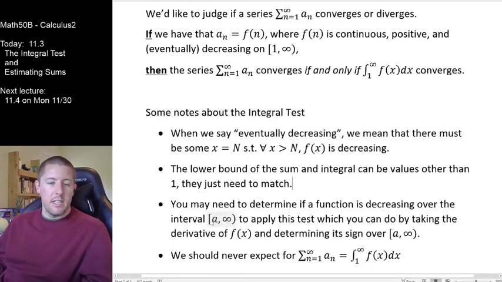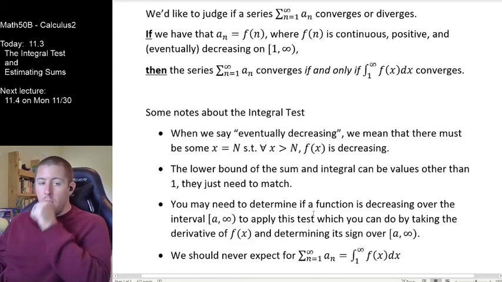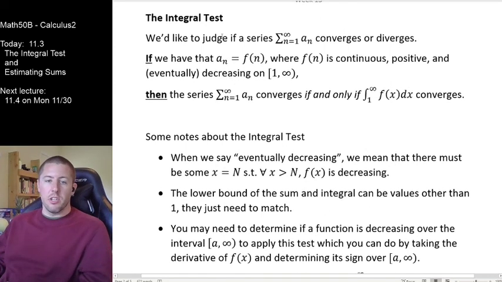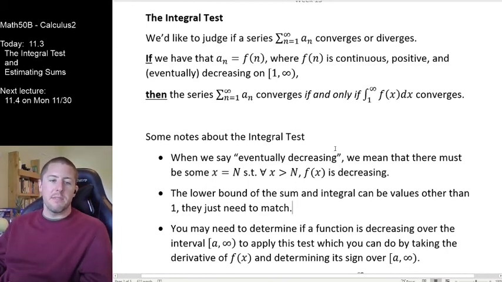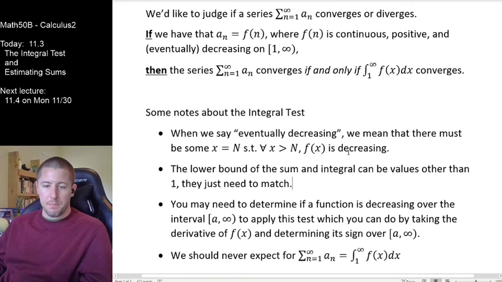We're always interested in the interval being 1 to infinity, or whatever our lower bound is, off to infinity. So to use the integral test, you may in some situations need to take the derivative of a function and show that it's negative from 1 to infinity, so that you've proven that you've satisfied the requirements of the integral test.